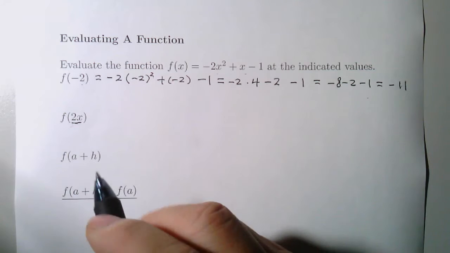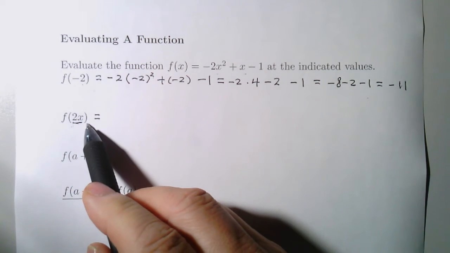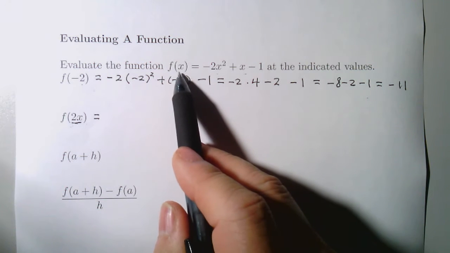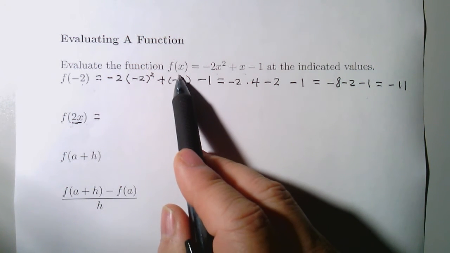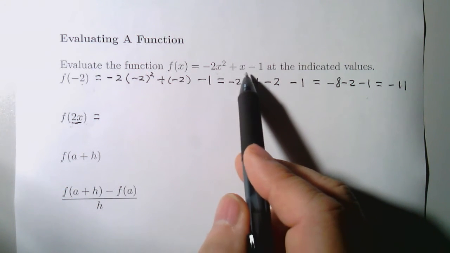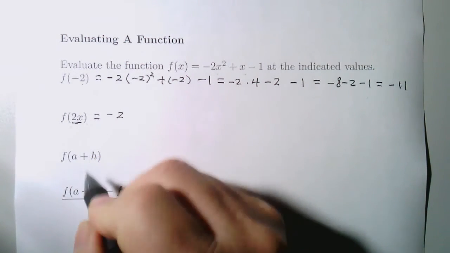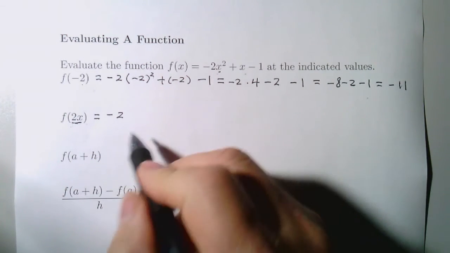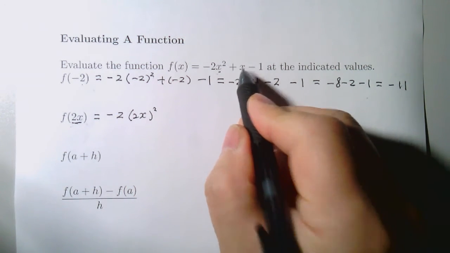It's still the same as what we did earlier. f(2x) means you replace all the x's in the original function f(x) by 2x. So here you have -2, you replace this x by 2x, and replace this x by 2x.